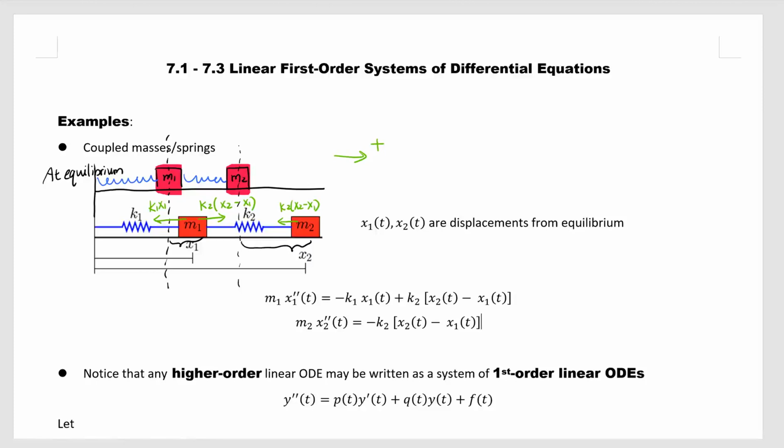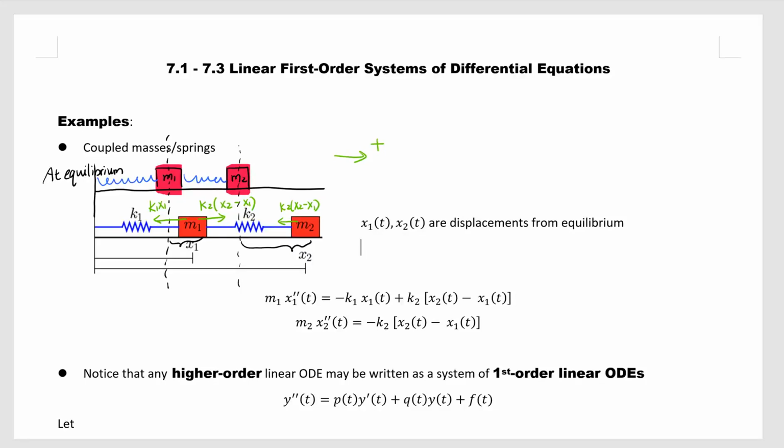For the second mass, we only have the spring force pointing to the left. Of course, it has the force due to gravity and the supporting force from the ground, but they cancel out. So the net force is only the spring force from the second spring.